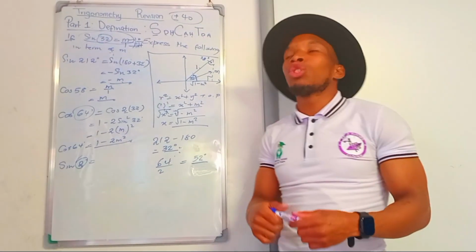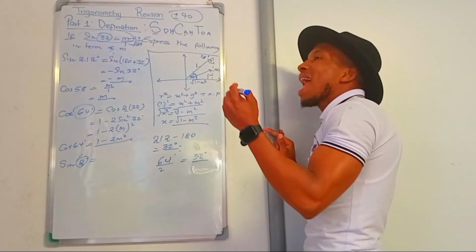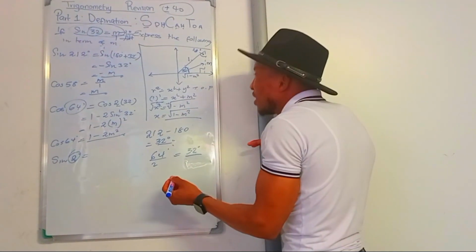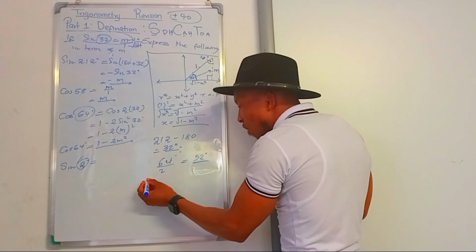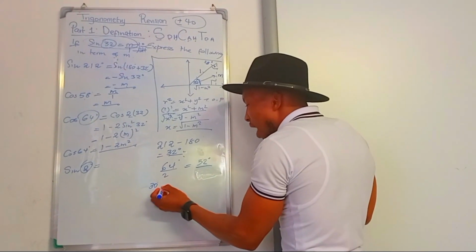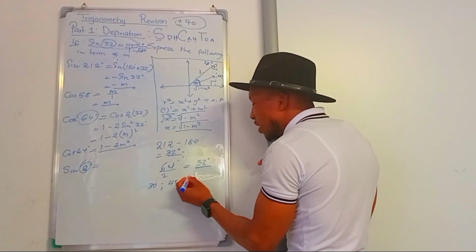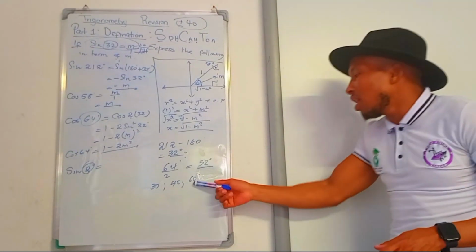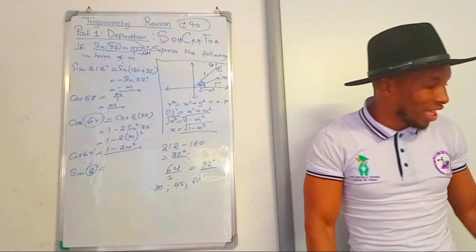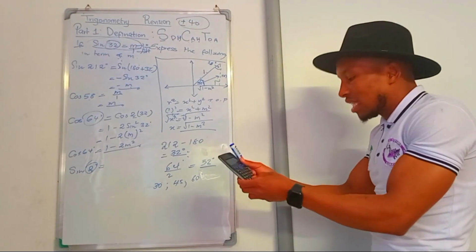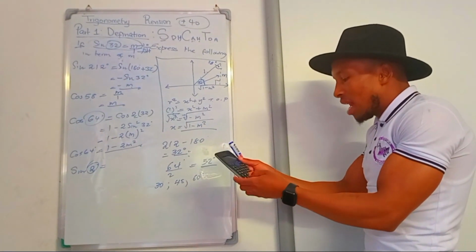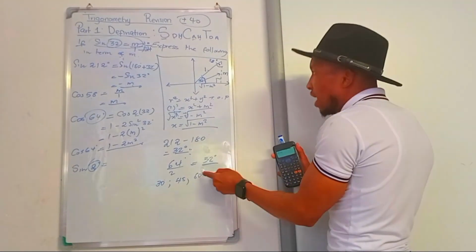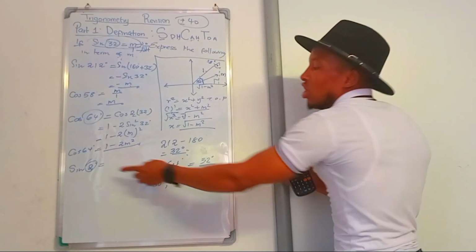The compound angle is whereby we take out all your special angles, which you link with the angles that are inside the right angle triangle. Then we've got 30 degrees, and also 45 degrees, and also 60 degrees. Okay, let's go. As you see here, we have 60 degrees. If we say 60 minus 58 degrees, do you see we are going to get 2 degrees? 60 minus 58 degrees is 2 degrees.